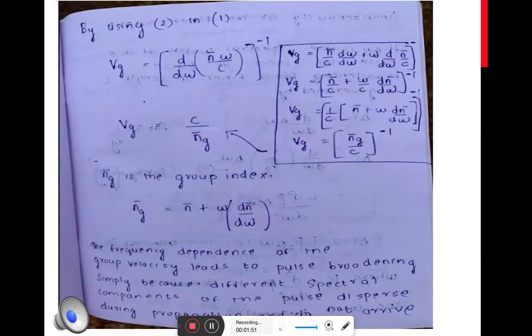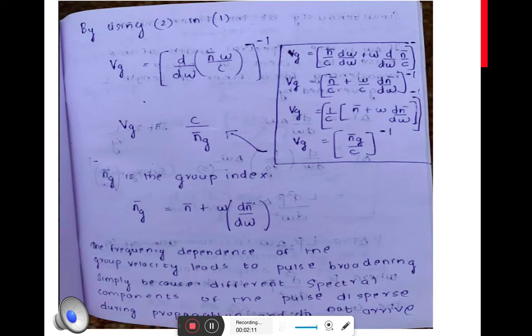So we are substituting the value of beta in the equation for Vg. Then we get Vg is equal to (d by d omega of n bar omega by c) the whole raised to minus 1. Here we are going to do the differentiation of two products. The first term we are considering as n bar by c and the second term is omega.